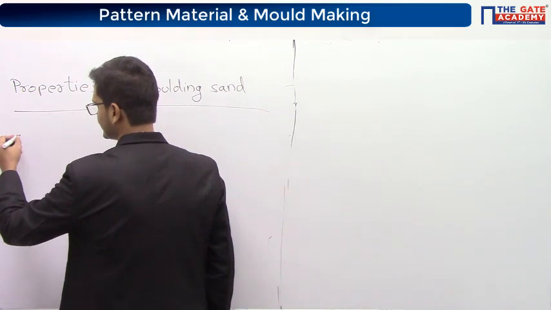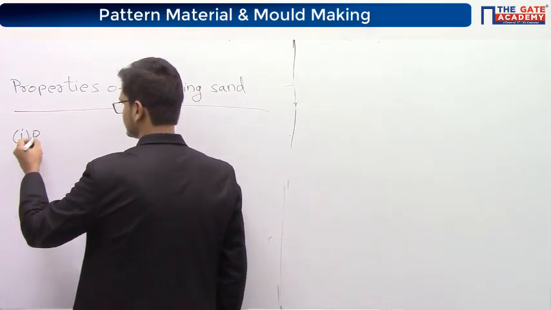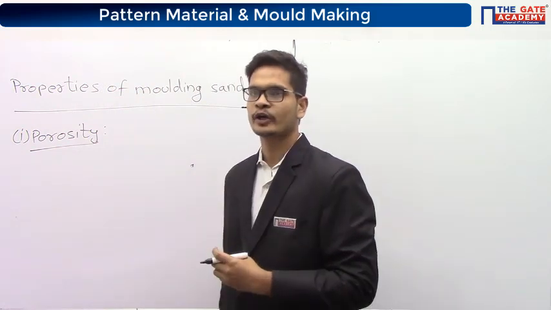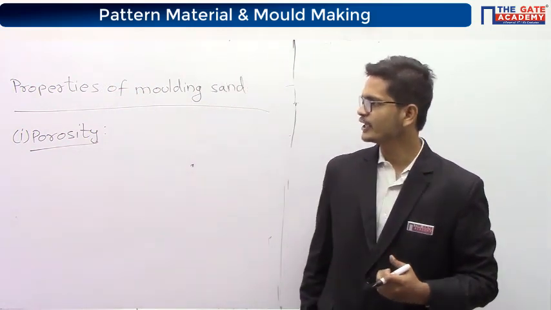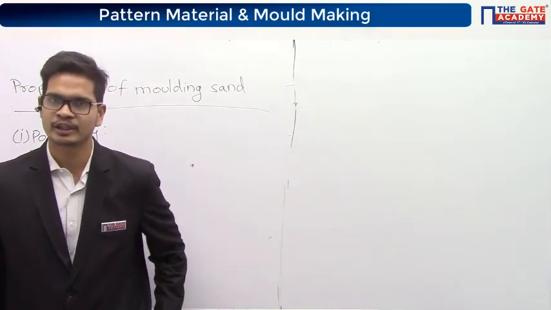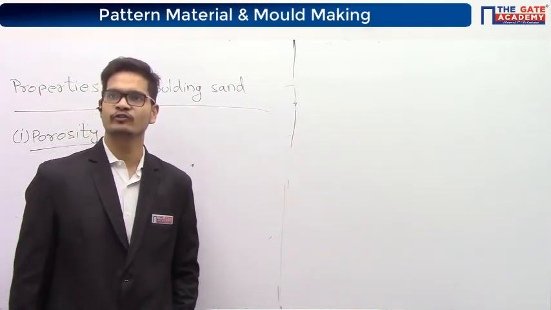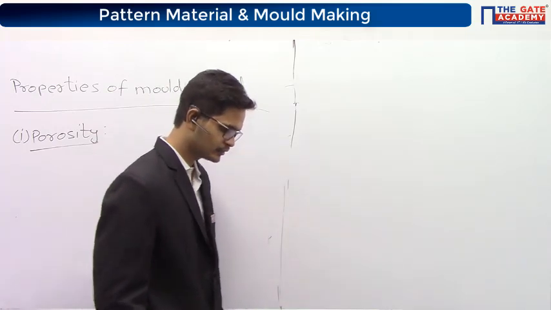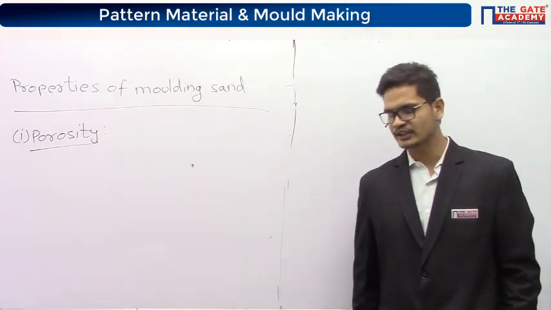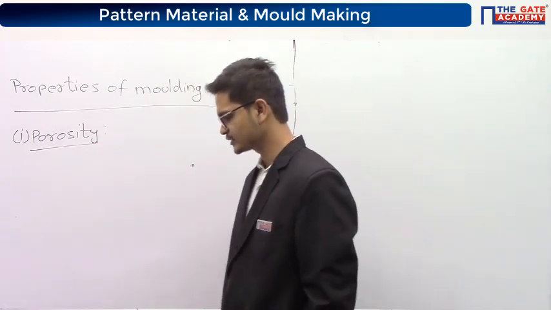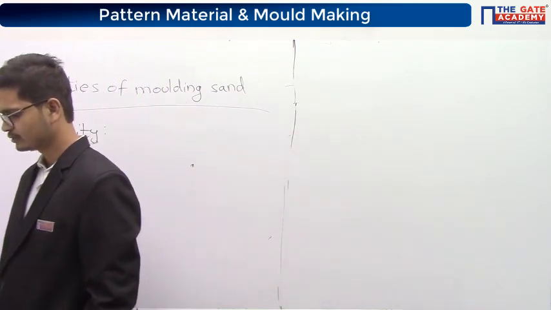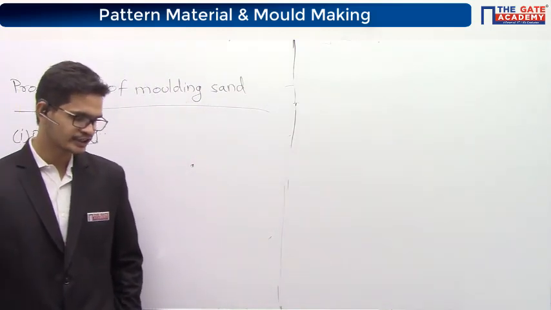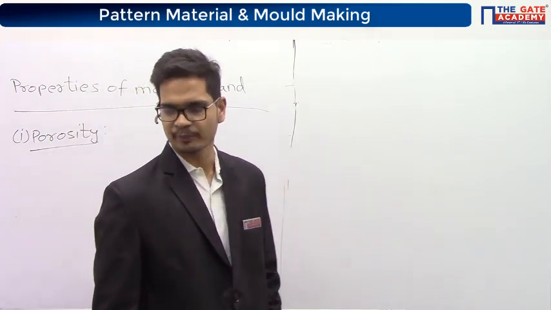First one is the porosity. Okay, please write down porosity. It is the ability of the sand to allow the gases or air to escape.